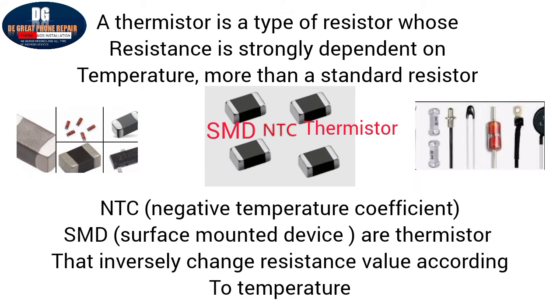A thermistor is a type of resistor whose resistance is strongly dependent on temperature, more than a standard resistor. A standard resistor resists current and voltage, but the difference with a thermistor is that it regulates the temperature. The resistance is based on temperature.